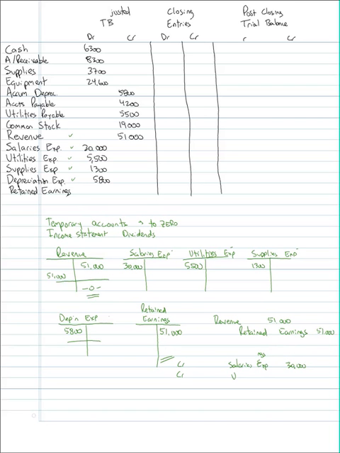We're going to credit utilities expense $5,500. We're going to credit supplies expense for $1,300, and we're going to credit depreciation expense for $5,800.